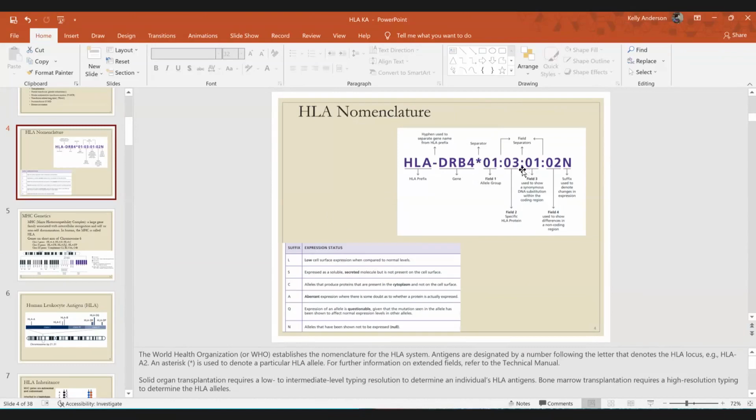But once you start doing molecular, you get into the different fields. So each field is going to be separated by a colon. And the second group will be very slightly different. It is a different protein, but it's very similar to the first allele group.